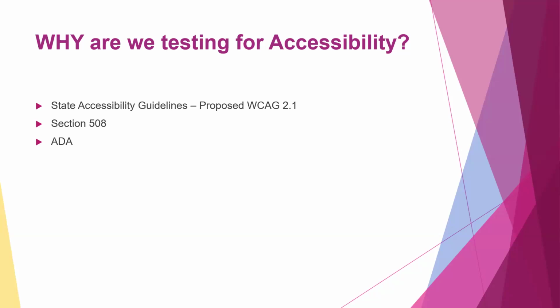So, just even outside of what we have on the screen here, we'll be getting into this as we go through a lot of the slides here, but we are testing to create that equal access across the board. But all of that is based on guidelines and laws and things like that, that ground the ability to do that. And we are able to create equal access because there is something called the Web Content Accessibility Guidelines.